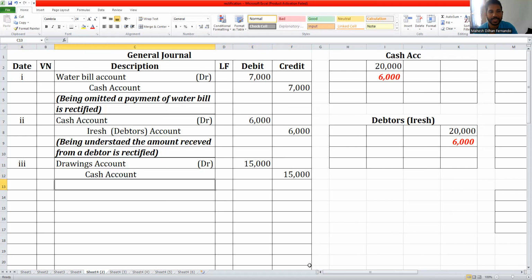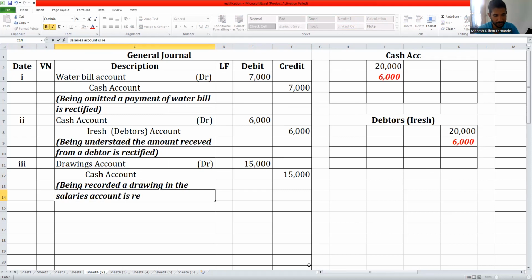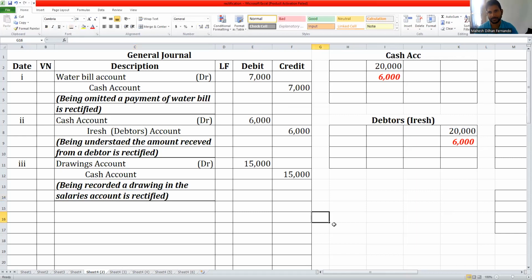Narration: Being recorded a drawing in the salaries account is rectified. Tell me whether you can understand.